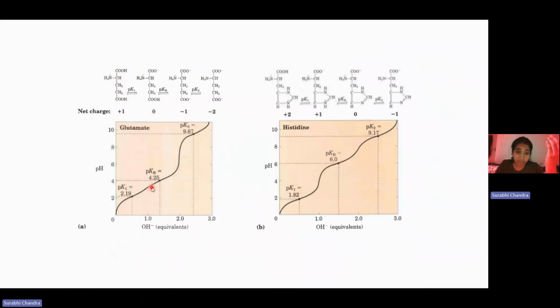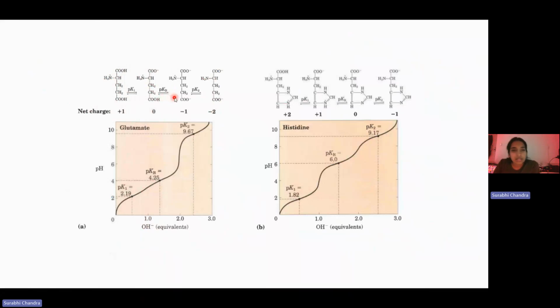Now when the pH slowly increases, which means the OH minus concentration is getting increased slowly, then one of the carboxyl groups, especially this one attached directly to the alpha carbon, being more electronegative, will have a greater tendency to lose its proton. So it will readily give away its H plus, thereby forming a neutral species.